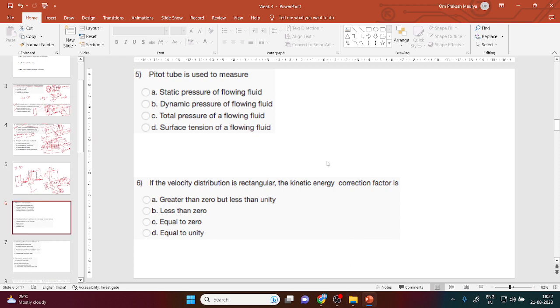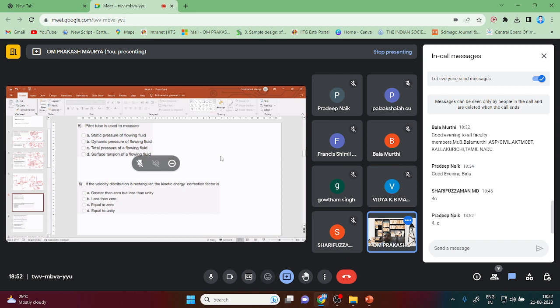Pitot tube concept. Pitot tube is used to measure what? Static pressure of the flowing fluid, dynamic pressure of the flowing fluid, total pressure of the flowing fluid, and the surface tension of the flowing fluid.